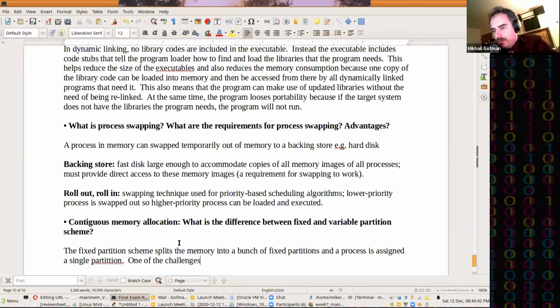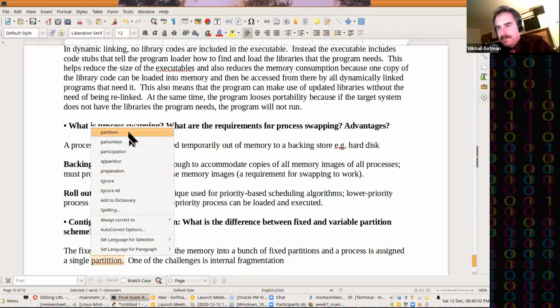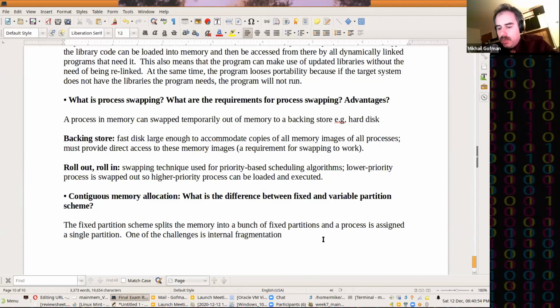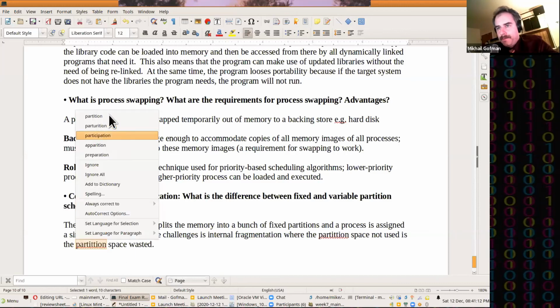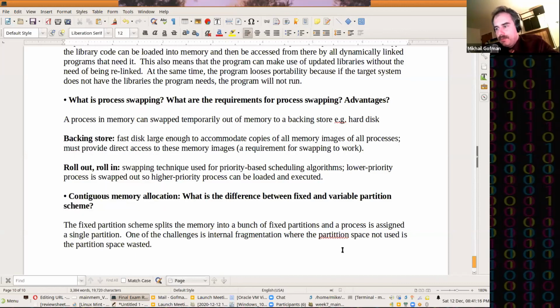One of the challenges is internal fragmentation, where the partition space not used is the partition space wasted.